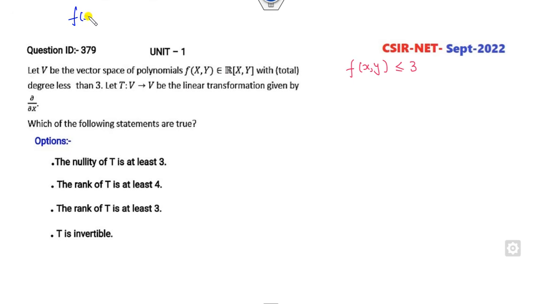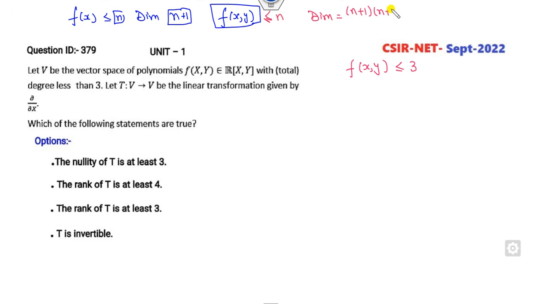But for a function of several variables whose degree is less than or equal to n, the dimension will be (n plus 1)(n plus 2) divided by 2. Now in this case the degree is strictly less than 3, so I can write it as less than or equal to 2.